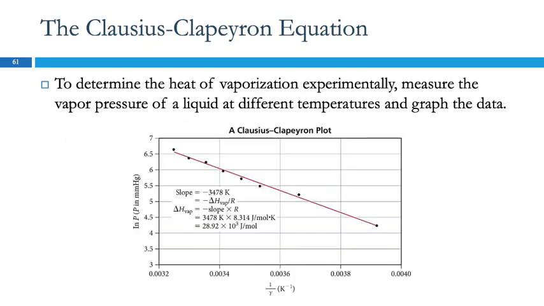So this is what a graph like that might look like. So here we have natural log of the pressure versus 1 over the temperature in Kelvin. And if we were doing this, the computer would tell us that y is equal to -3478x.